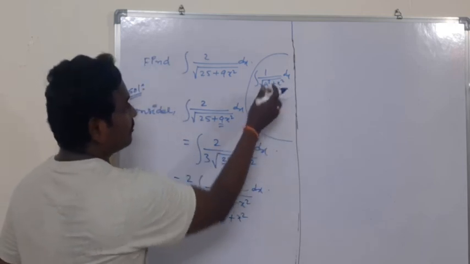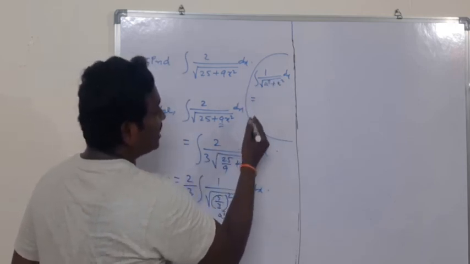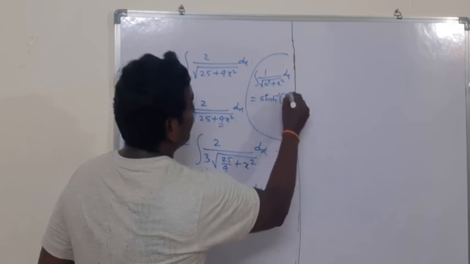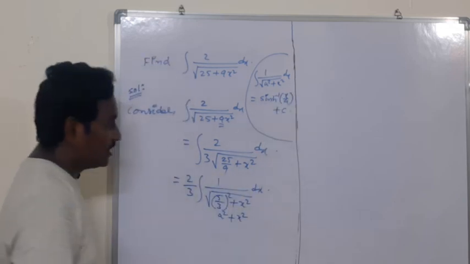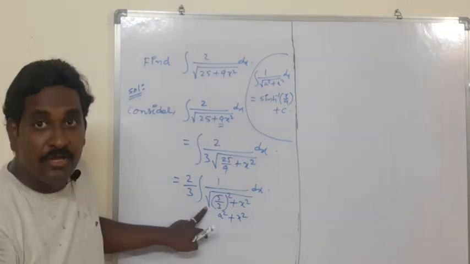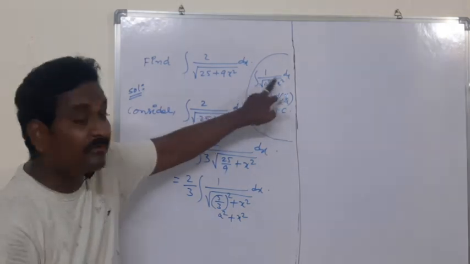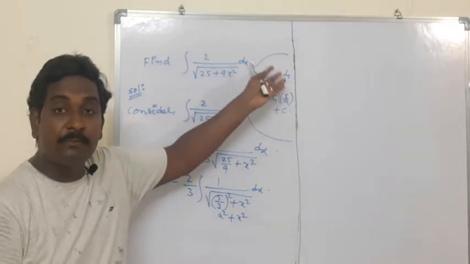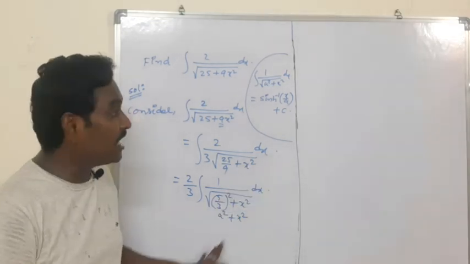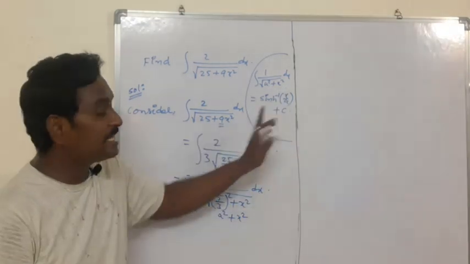What is the result of this integral? Sinh inverse of x by a plus c. If there is no square root for this denominator, you will get integration of 1 by a square plus x square. That formula is 1 by a tan inverse of x by a. If a root is there for the denominator, sinh inverse of x by a plus c is the result.